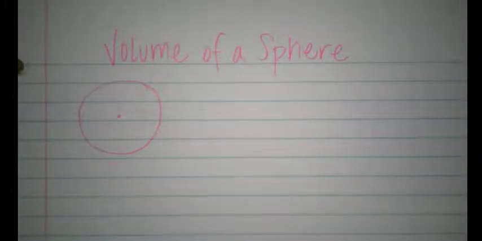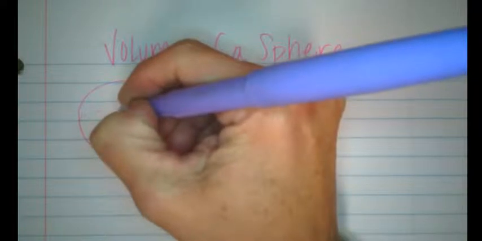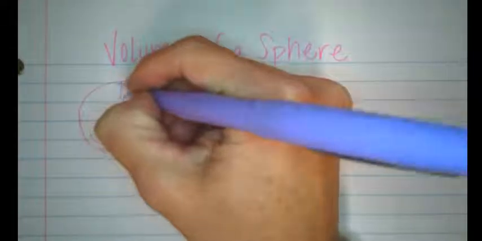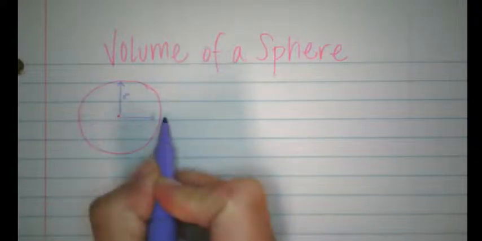And then what you need to remember about a sphere, and it's kind of hard to draw this, I don't know if I'll be able to, but from the center of the sphere to the outside edge of the ball is called the radius. And from the center to the outside, if we were looking to the right, that's also the radius.